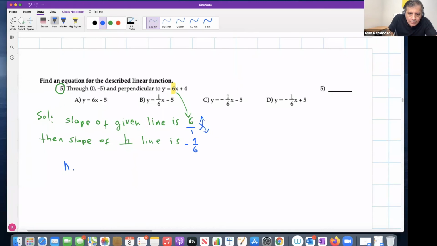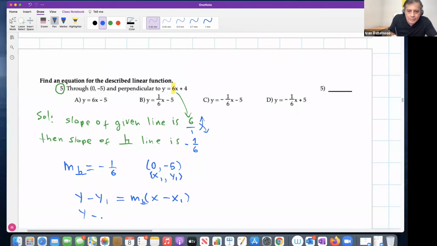So with the slope of the perpendicular line equal to negative 1/6, and with this point, which is very special, it's just the y-intercept, right? You can find your equation easily following this point slope form. (x1, y1). So y minus y1, which is -5, will be equal to the slope of the perpendicular line, which is negative 1/6, times x minus 0.